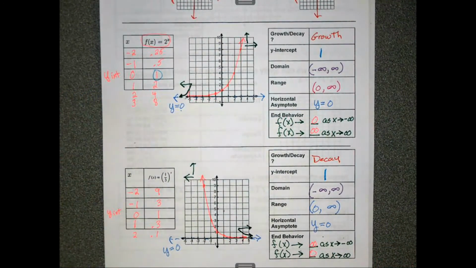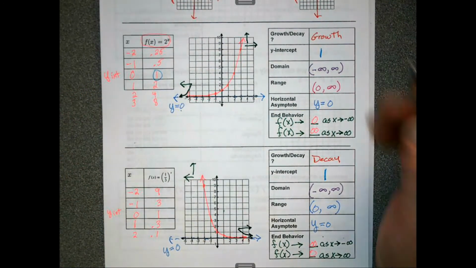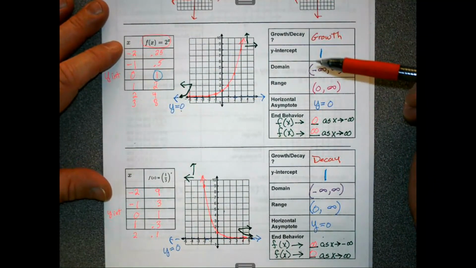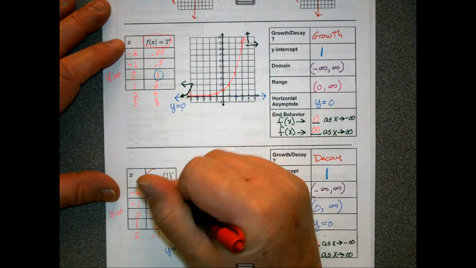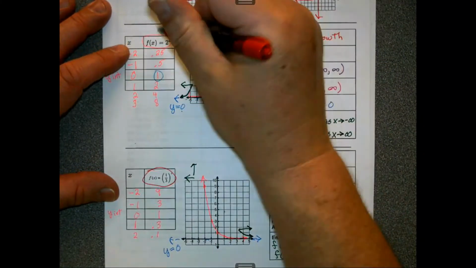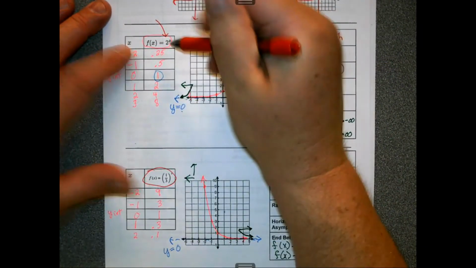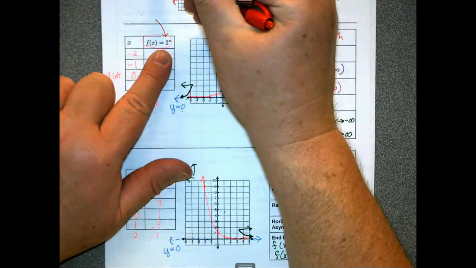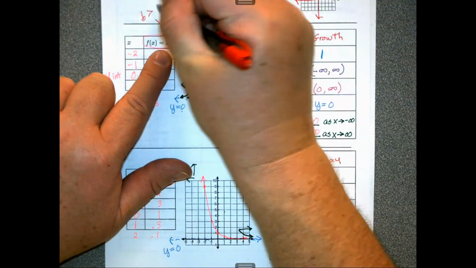Okay, before we turn the page, do you guys notice the difference between growth and decay? Fantastic. This number, that's our B, has to be greater than 1.